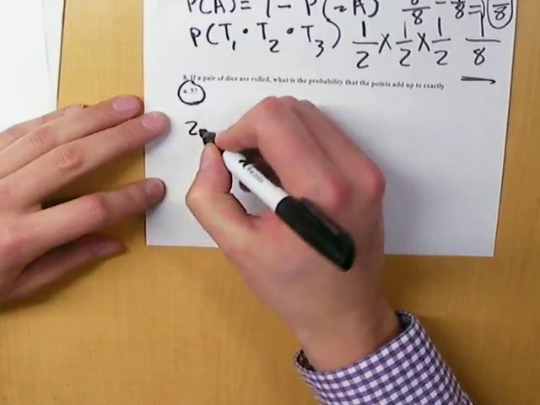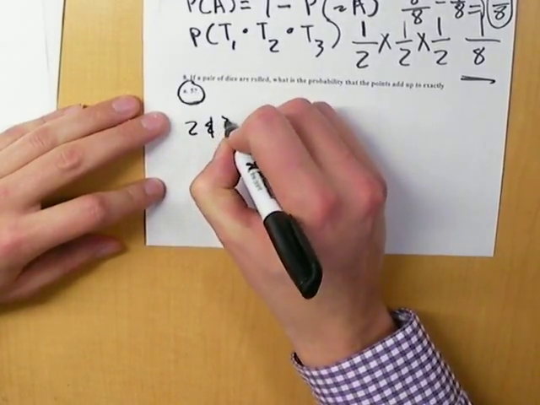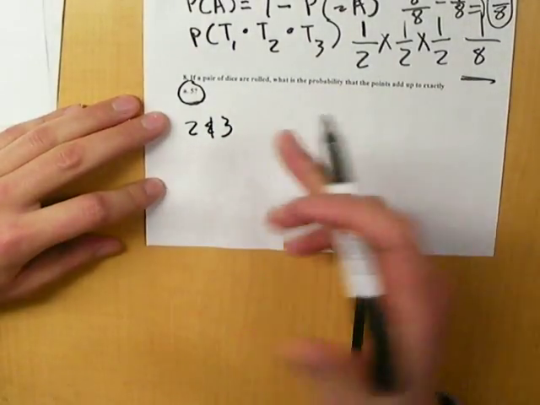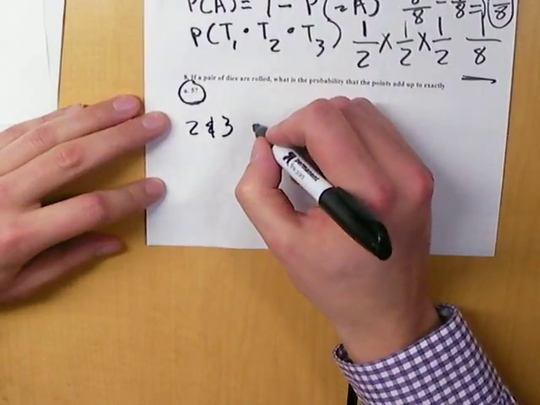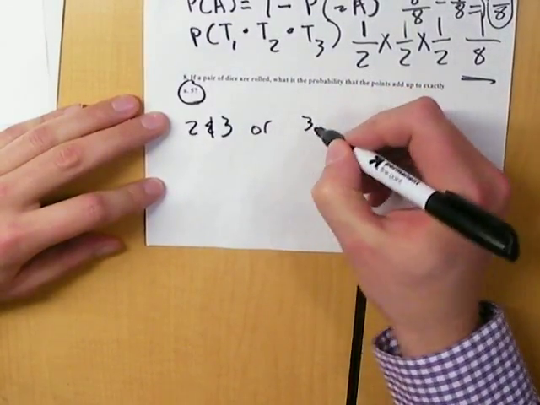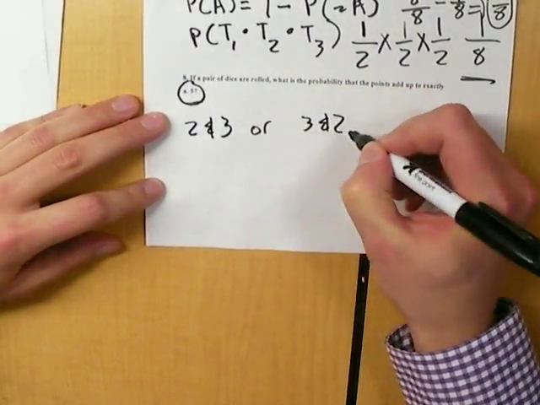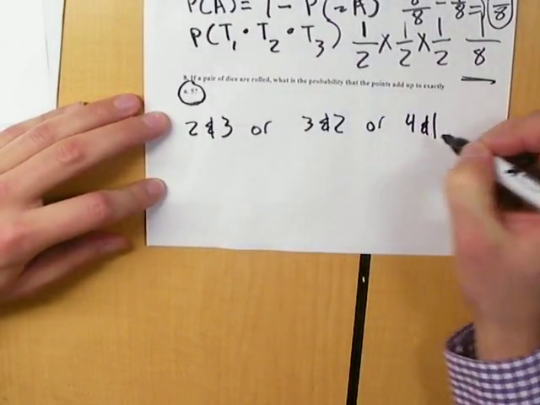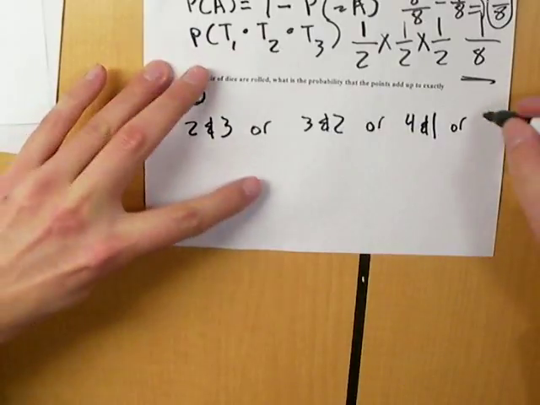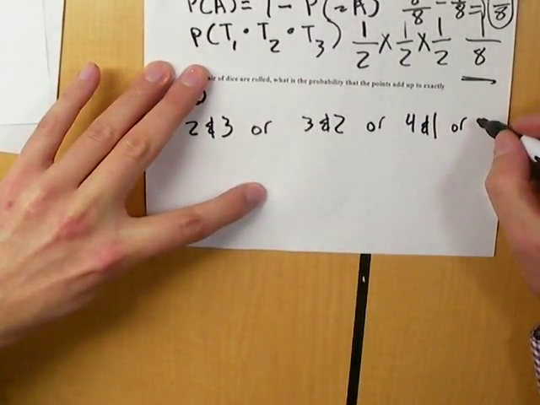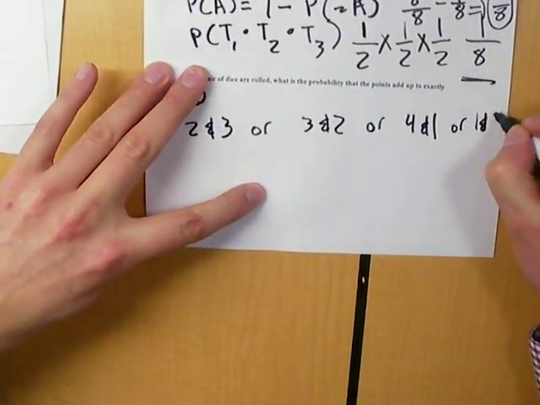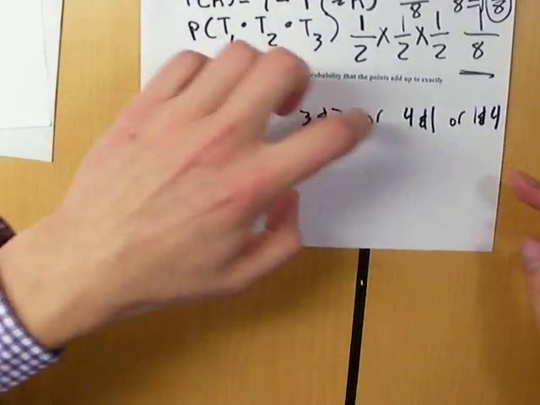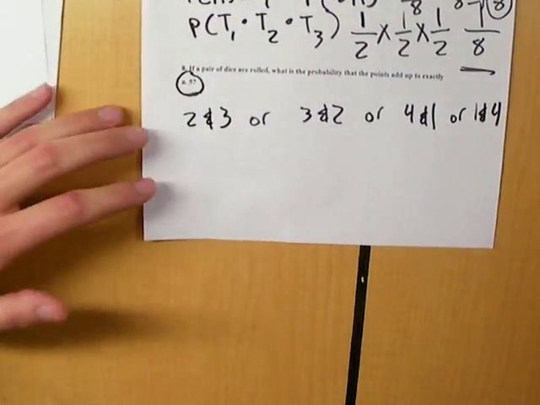We might get a 2 and a 3, in which case 2 plus 3 obviously is 5. Or we could get a 3 and a 2, or we could get a 4 and a 1, or, I'm running out of room here, or we could get a 1 and a 4. So there are 4 different ways to make a 5.